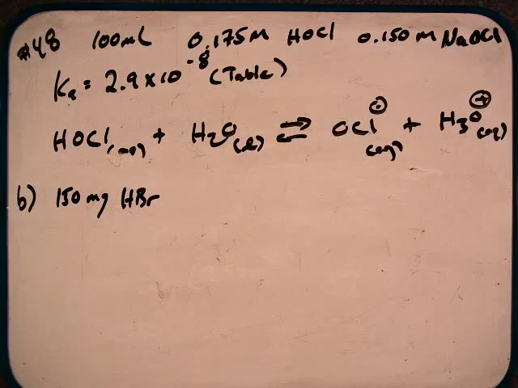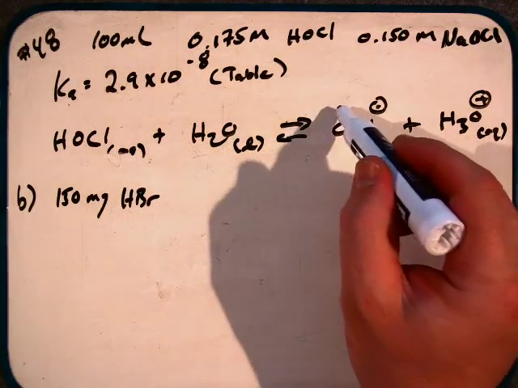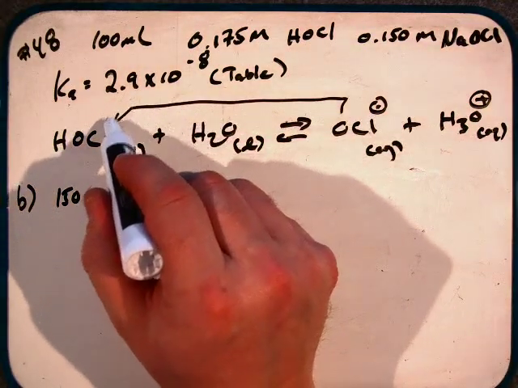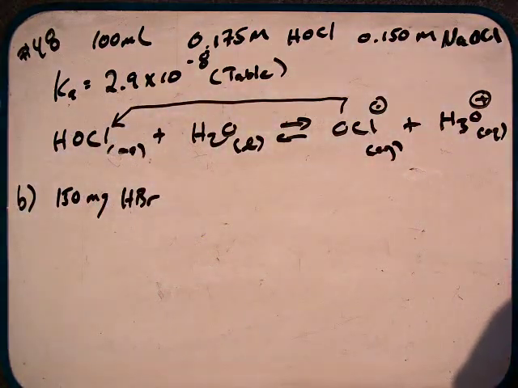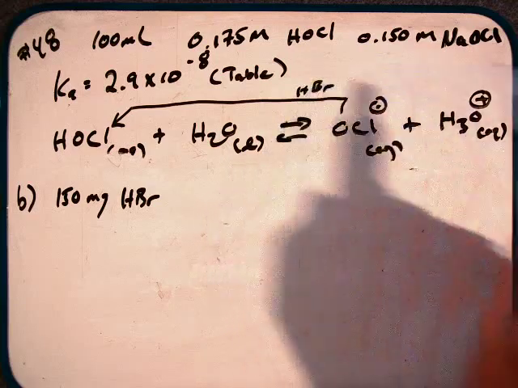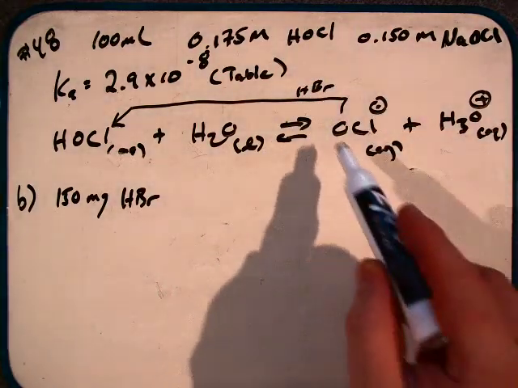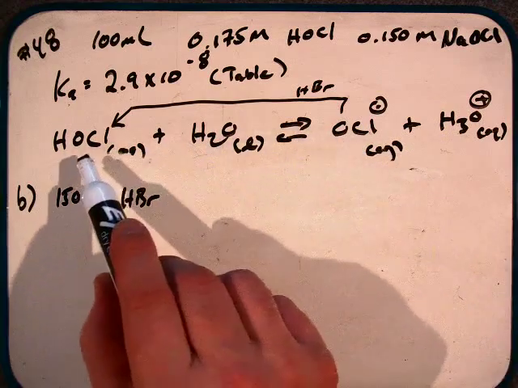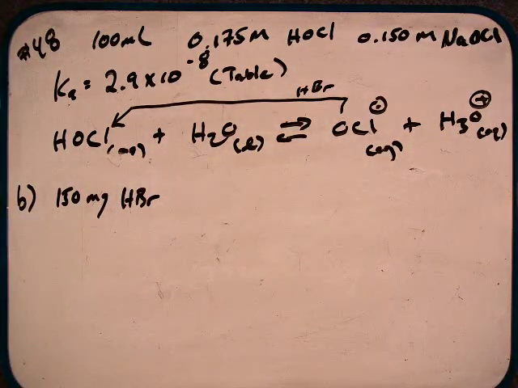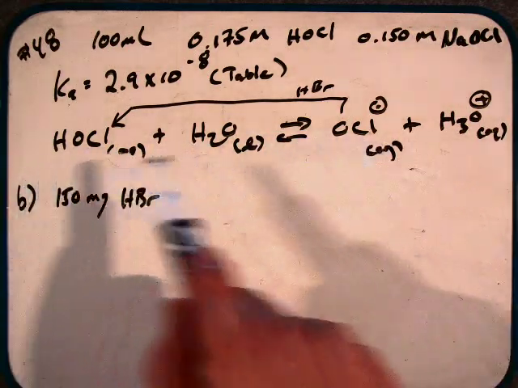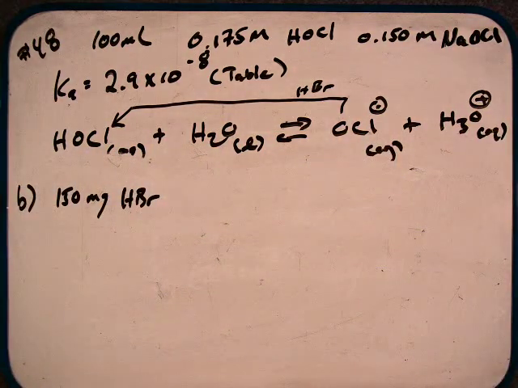So in this case, I'm adding HBr, which is a strong acid, and so the strong acid is going to react with my conjugate base to turn my conjugate base, after it gets protonated, into my parent acid. So basically, we're changing the mole values of our constituents of our buffer.